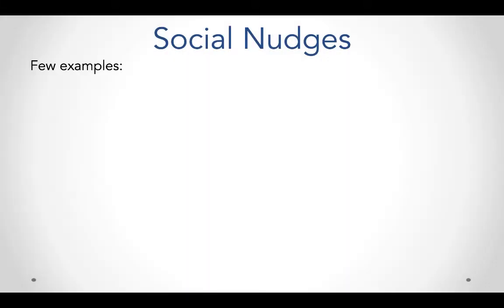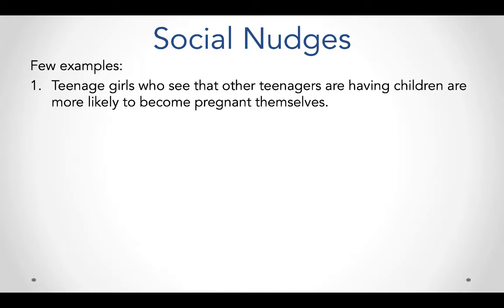There are social nudges that we have, and they're very powerful. They come from social proof, where any behavior that is done by people similar to us is okay in certain situations. So, for example, teenage girls who see other teenagers having children are more likely to become pregnant themselves.